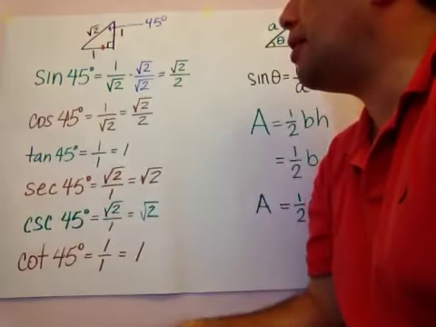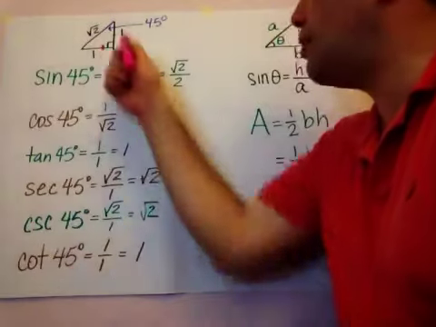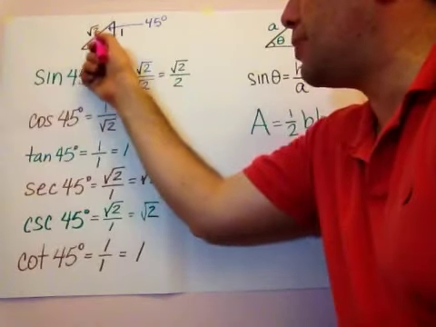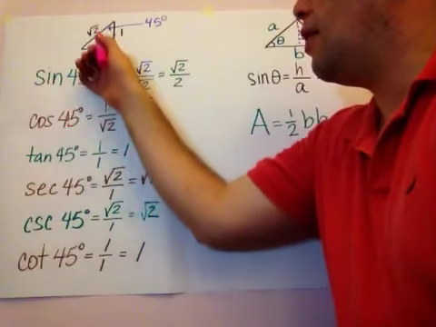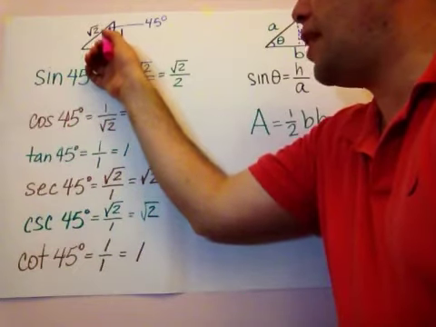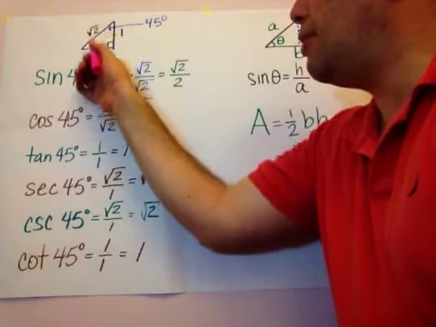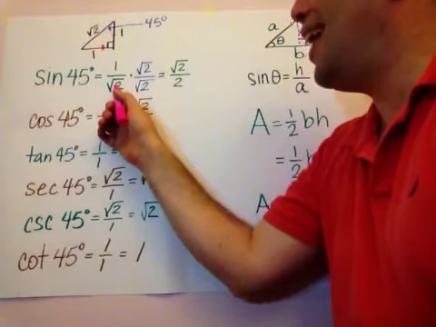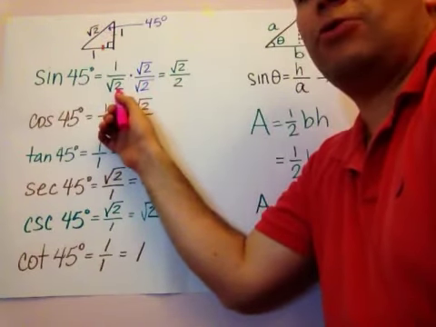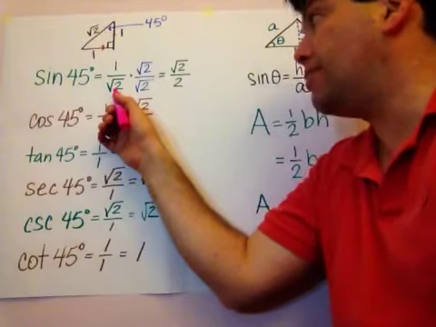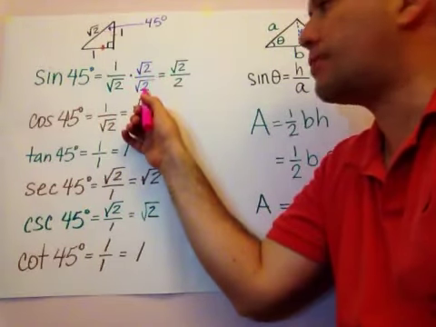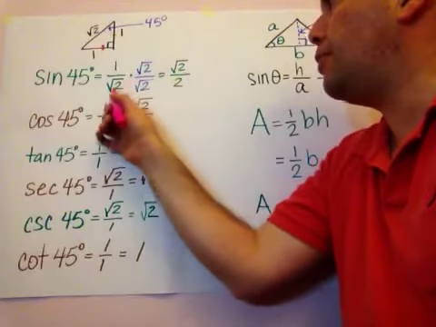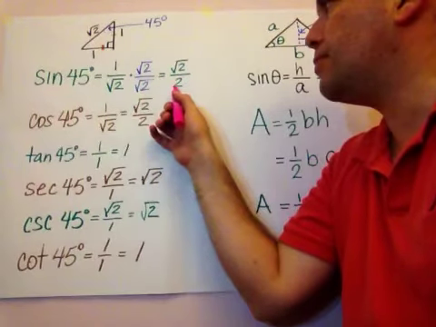So I'm just putting measures there, 1, 1, and 1 times square root of 2. Sine of 45 degrees is, well, let's say take this angle, opposite 1 over the square root of 2. Again, we don't want the square root of 2 in the denominator, so we multiply times 1, square root of 2 over 2. And we get square root of 2 over 2.